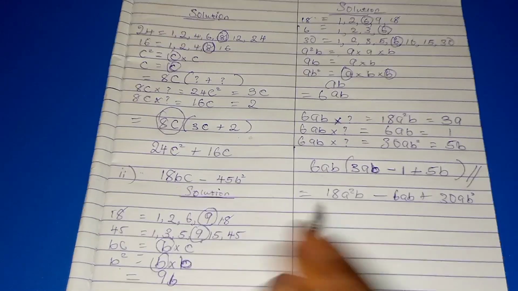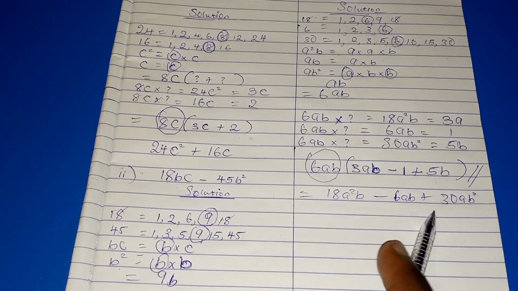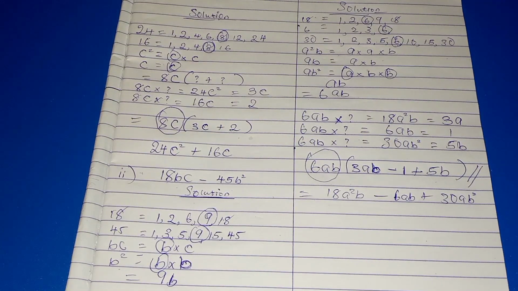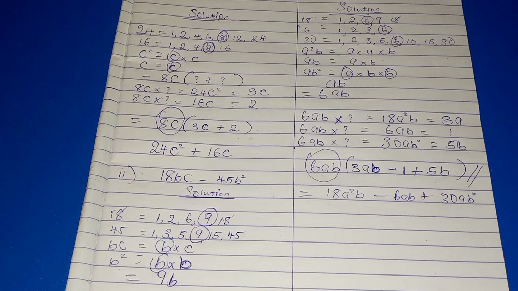So we see this is the actual value which will multiply this to give us this original value. So factorization is the process whereby you find the given value that would multiply to give us back the original value of the expression. That is the process of breaking it down to obtain that particular value.